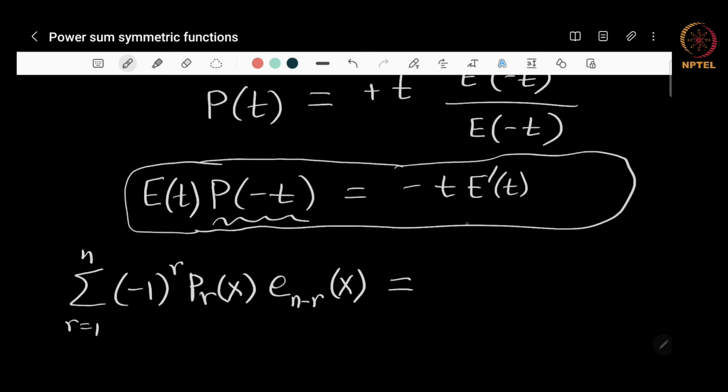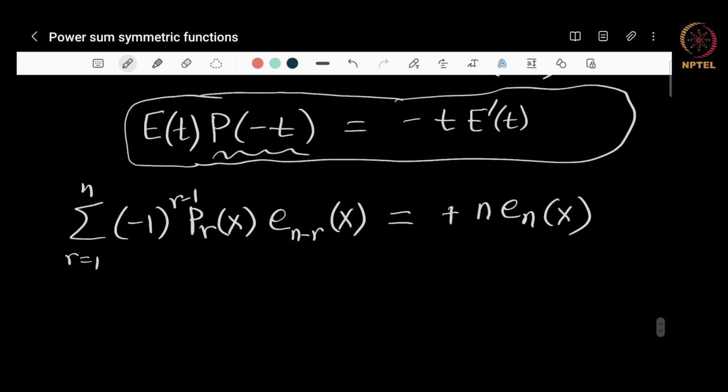By similar arguments, I have minus n E_n. Okay, so this minus I push to the other side and call this minus 1 to the r minus 1. So here's an equation which tells me how the P_r's and the E's are related.